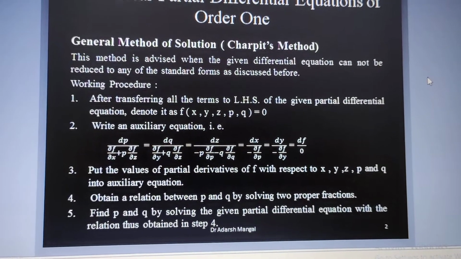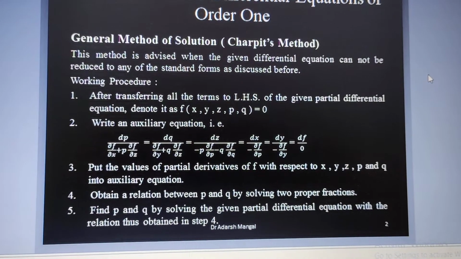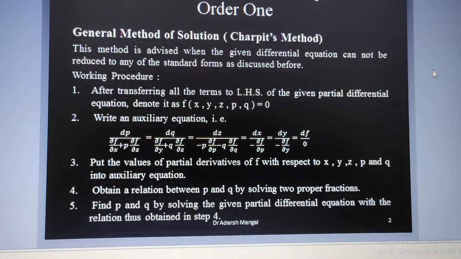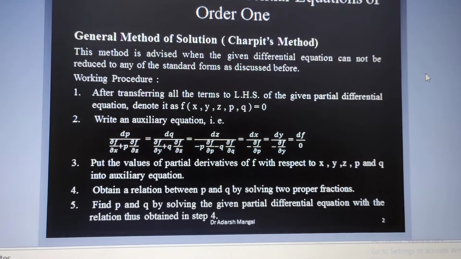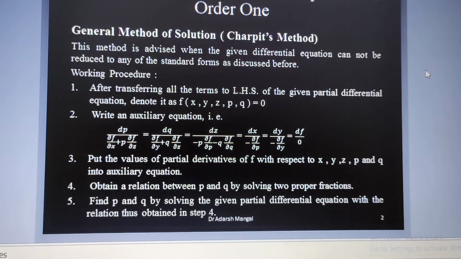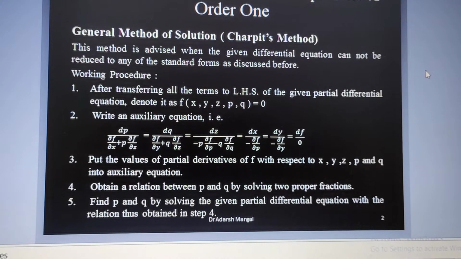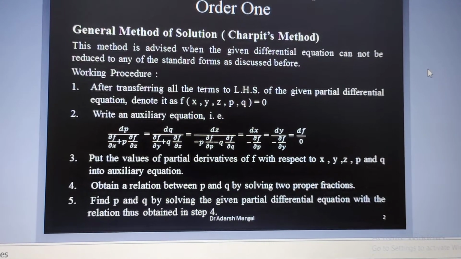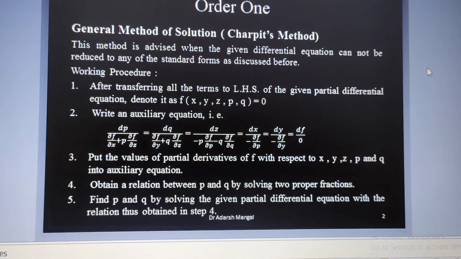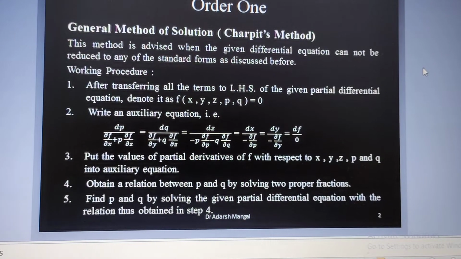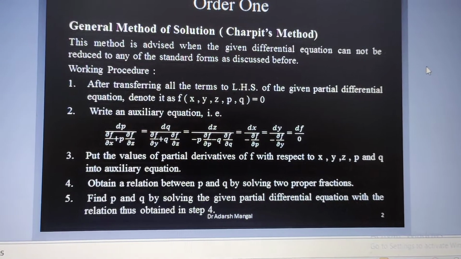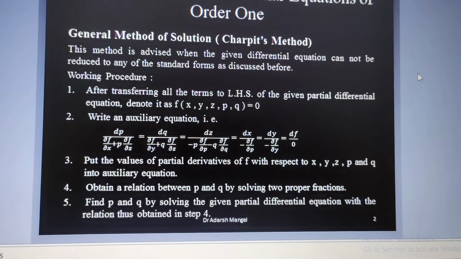Working procedure to apply Charpit's method. The first step: after transferring all the terms to the left hand side of the given partial differential equation, denote it as a function f involving x, y, z, p and q equal to 0. Write an auxiliary equation.